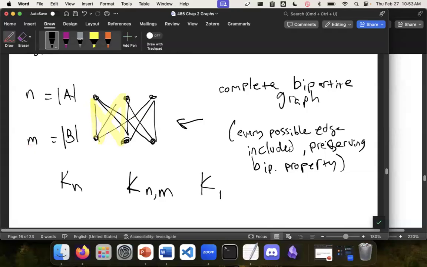The book uses K_R,S, which are just different variable names, so that doesn't really matter. The thing that matters is that we've got 2 variable names here, X, comma Y, instead of just 1 for N.